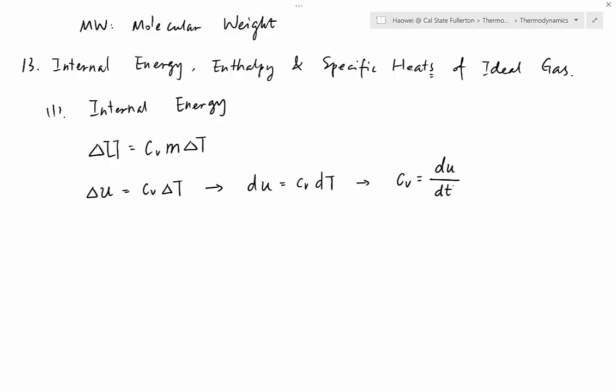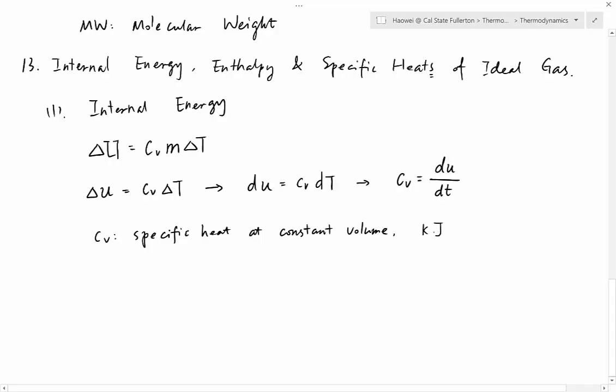The name of CV is specific heat at constant volume. The unit for CV that we usually use is kilojoule per kilogram per Kelvin.